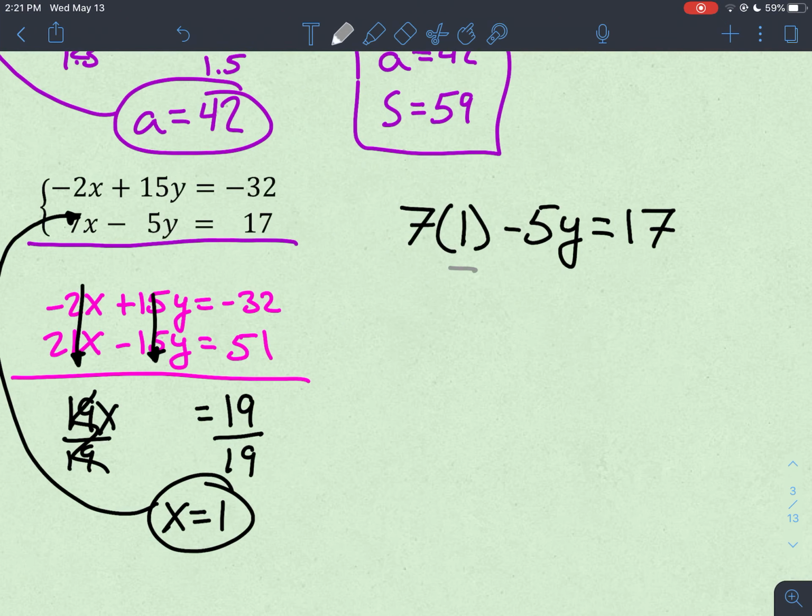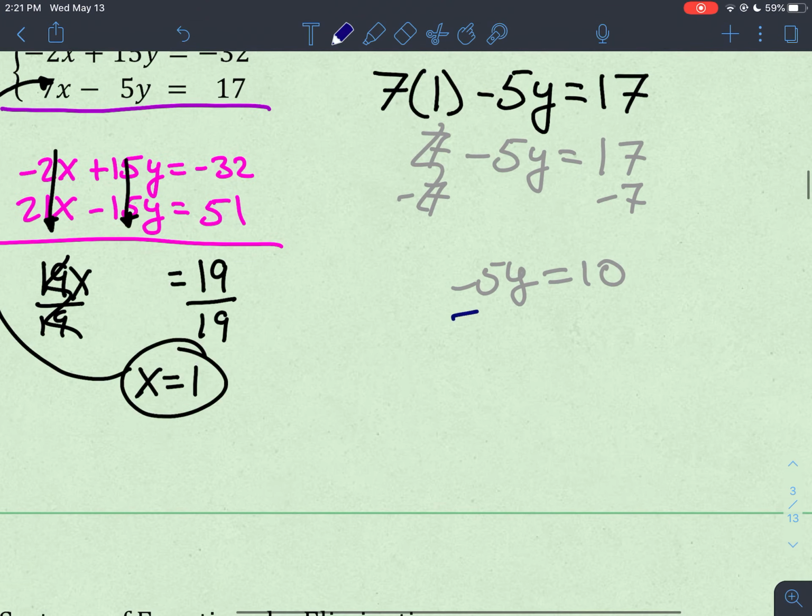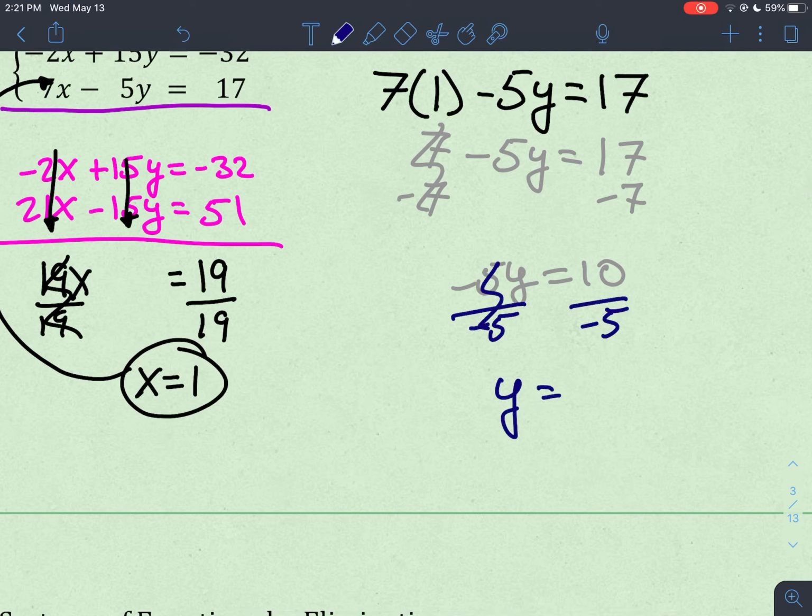So now I can say 7 minus 5y equals 17. Subtract the 7 from both sides, and I get negative 5y equals 10. Divide by negative 5, and I get y equals negative 2.